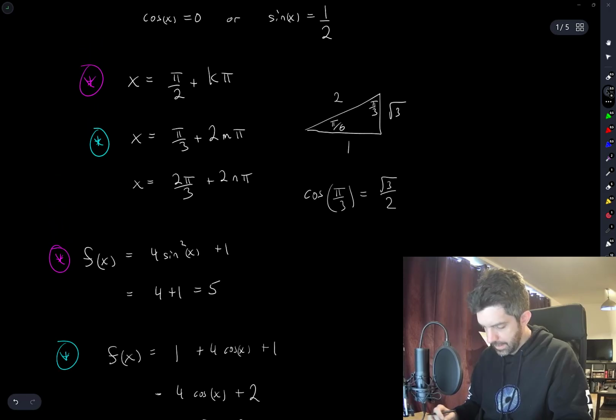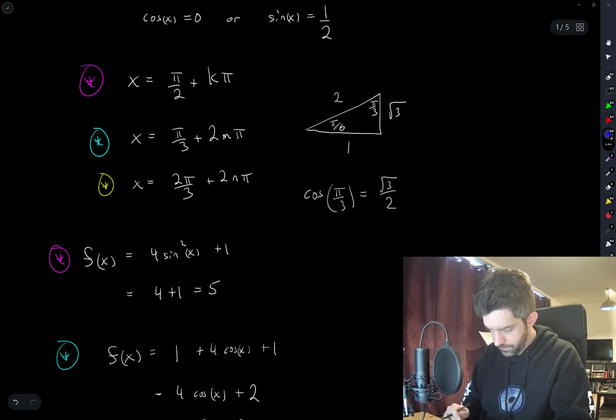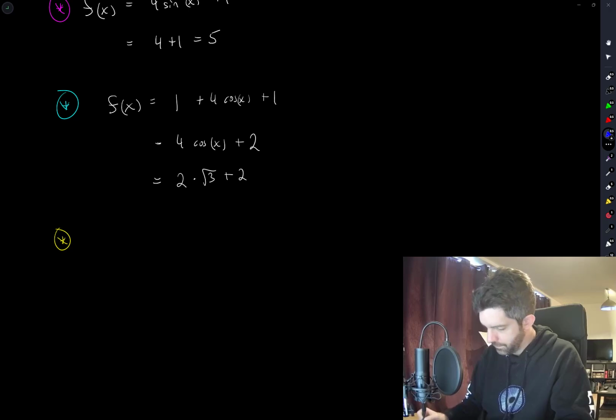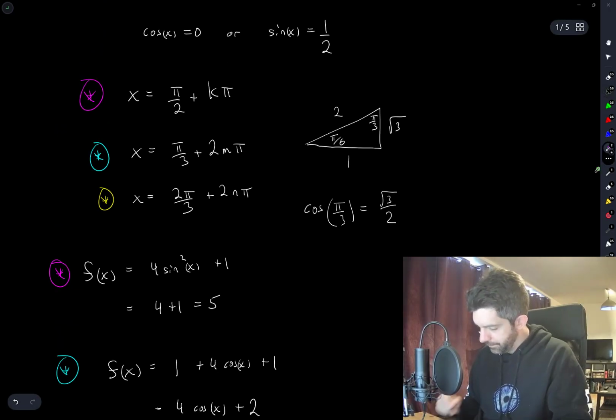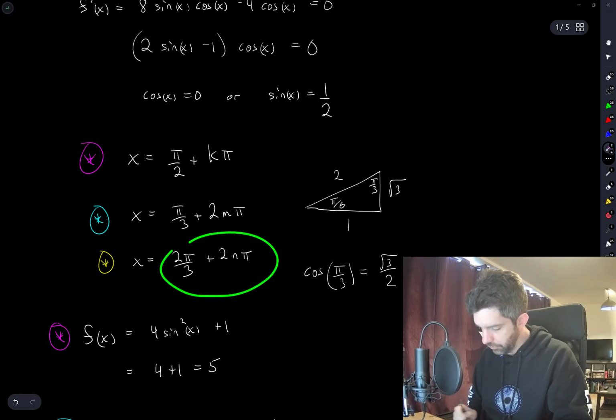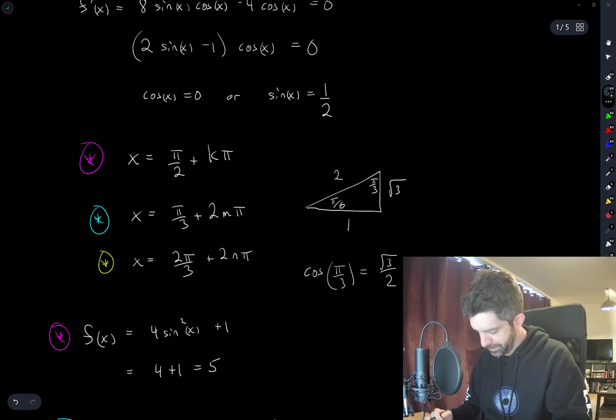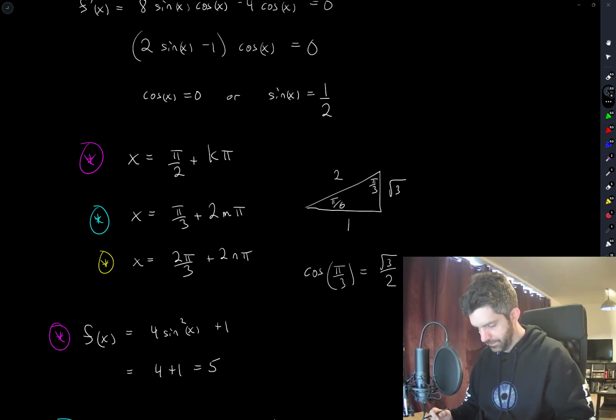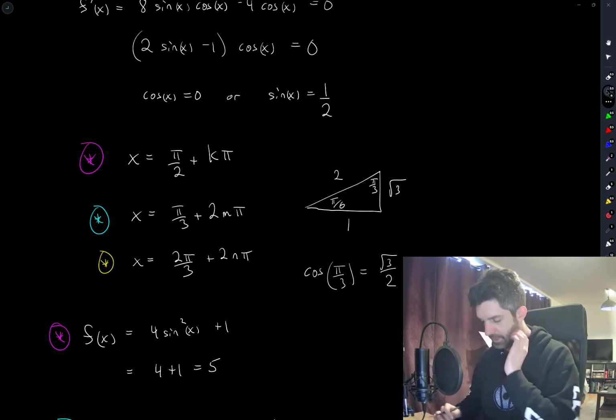Okay, and for the other one here, I believe the cosine of these values will just be negative root 3 over 2.